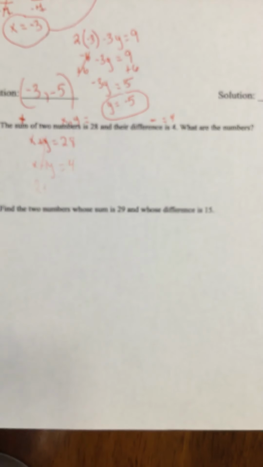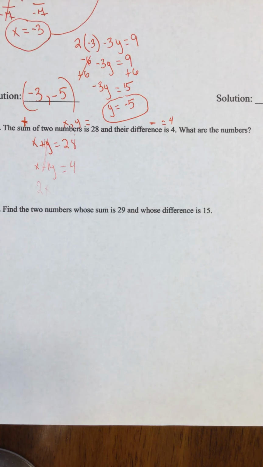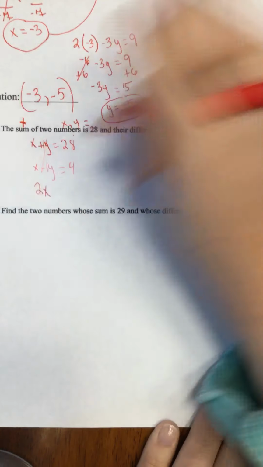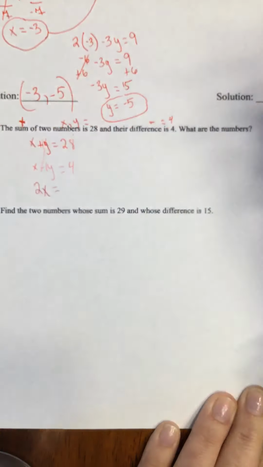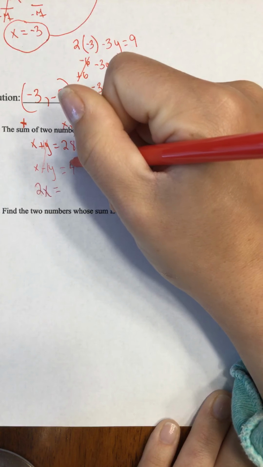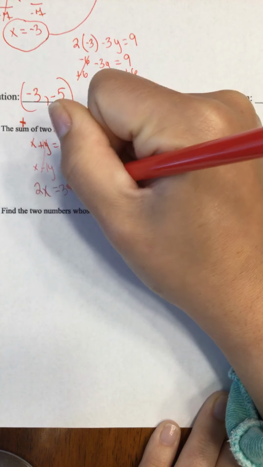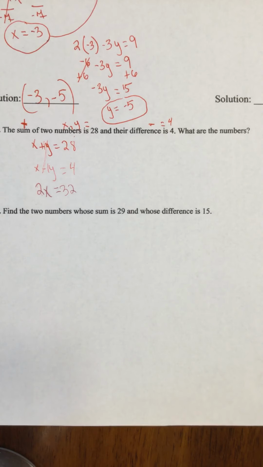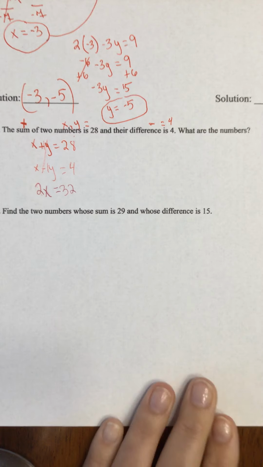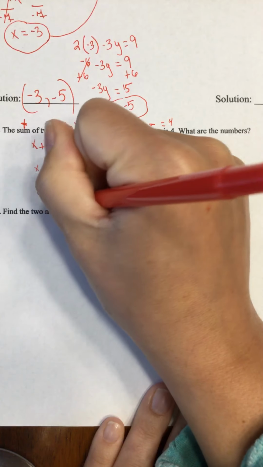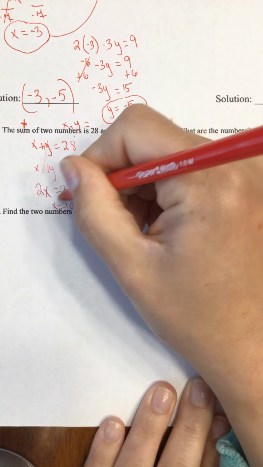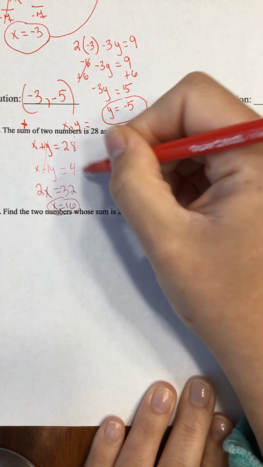So that would give me 2x equals 32. So in order to solve for x, I'm going to divide 32 by 2, which would give me 16. So I have my x. Now I need to take that and plug it back into one of these problems.